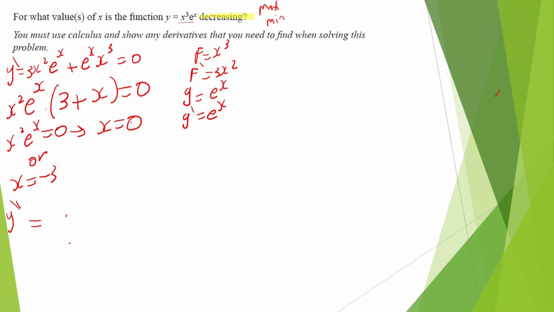I will double differentiate when I factorize it. It's easier. Oh, it's actually the same, so I'll just differentiate this. Okay, so I'll do the first one. f equals 3x squared, so f dash equals 6x, and g equals e to the x, so g dash is e to the power of x.